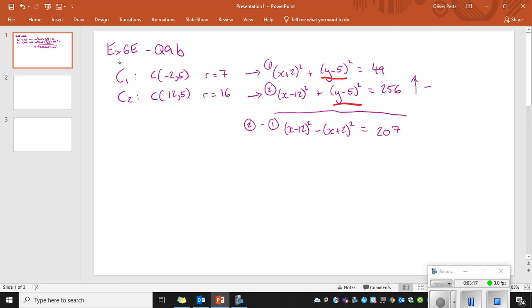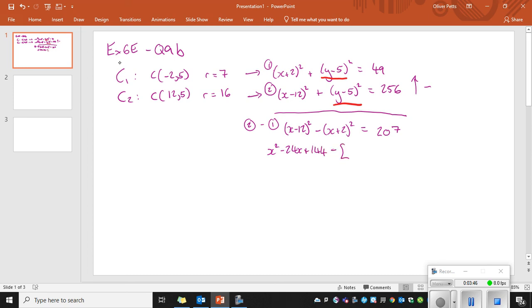As I say, very convenient that we have two sets of brackets identical in our circle equations of y minus 5 all squared. Now, if at this point you wanted to pause and have a go at getting the coordinate points where they intersect one another, by all means do so. Otherwise, I'm going to continue working through this. So now expanding our two sets of brackets, we are going to have x squared minus 24x plus 144.